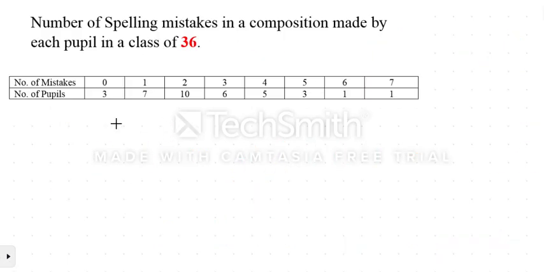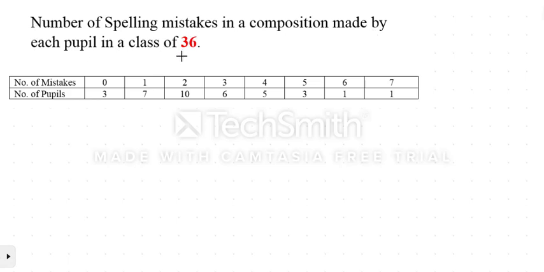Now let's come to the next question. How to find the median of this frequency table? To find the median of this frequency table, we have to again find the number which is exactly in the middle of the data. So first of all, this is the number of spelling mistakes in a composition made by each pupil in a class of 36.